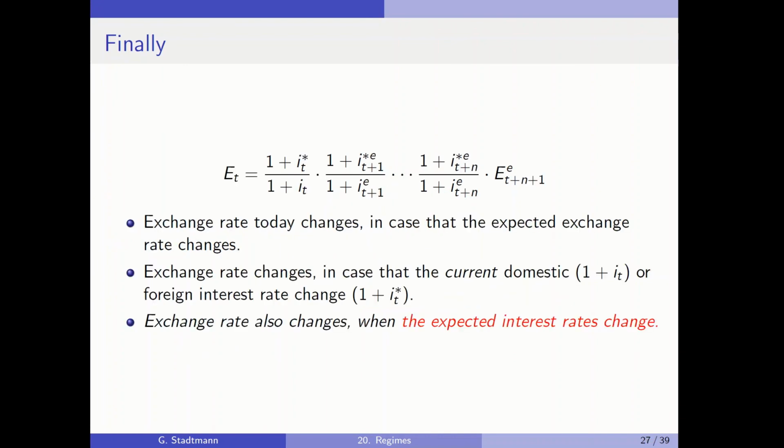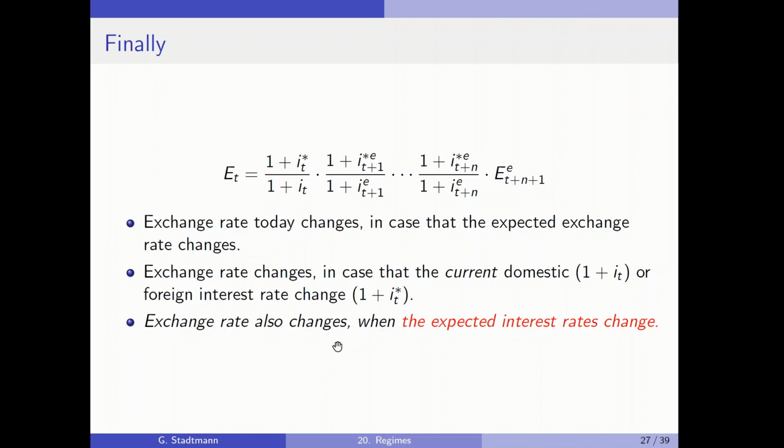Finally, we can come up with 3 reasons why the exchange rate changes today. The exchange rate changes today in case that the expected exchange rate changes. So if something happens here with respect to the last term, then of course also the exchange rate changes. The exchange rate will also change in case that the current domestic or the current foreign interest rate change.